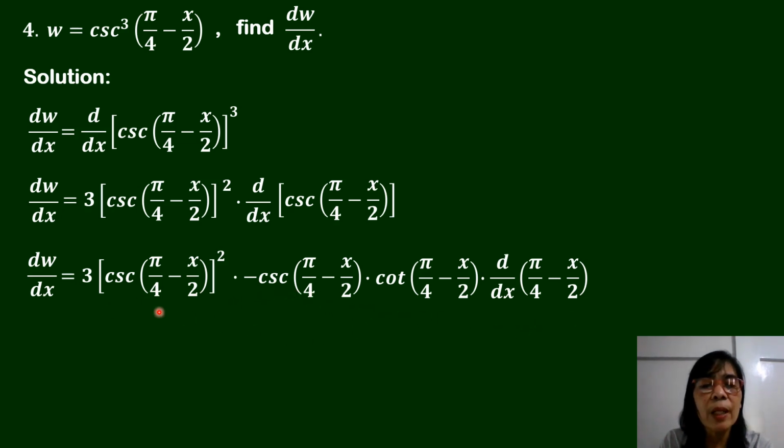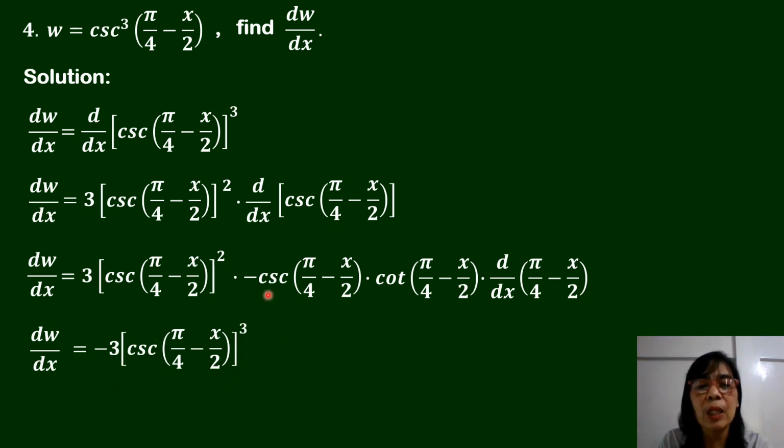So we can now combine similar factors, or factors having the same base. We can collect these two factors, which gives us, for 3 and negative 1, negative 3, and we have cosecant of pi over 4 minus x over 2, quantity raised to 3, this 2, and we have one factor here. Then cotangent of pi over 4 minus x over 2, times the derivative of pi over 4 minus x over 2.